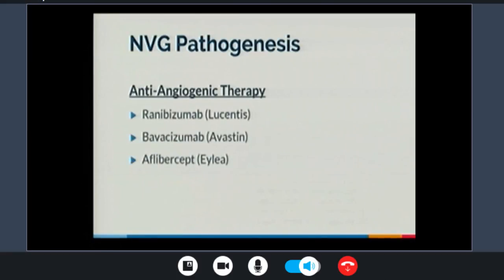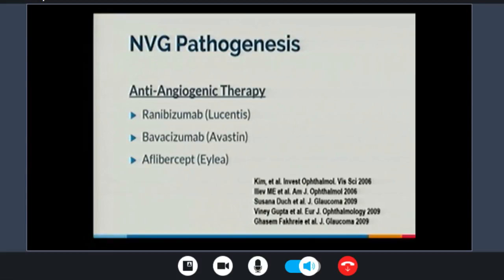Of course, as you know, some are on the market now and some are not on the market yet, but you are more familiar with these molecules than me. These molecules changed the picture of how we deal with neovascular glaucoma as well as with retinal problems due to retinal ischemia. They changed the picture totally.